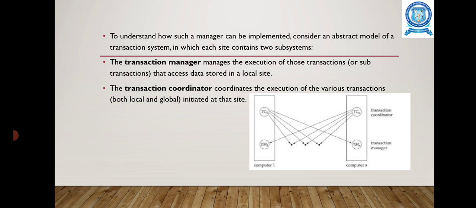The transaction coordinator coordinates the execution of various transactions, both local and global, initiated at each site. In this figure, the transaction coordinator is referred to as TC, and the transaction manager is represented as TM. The TC coordinates all the various transactions that are managed by the transaction manager.